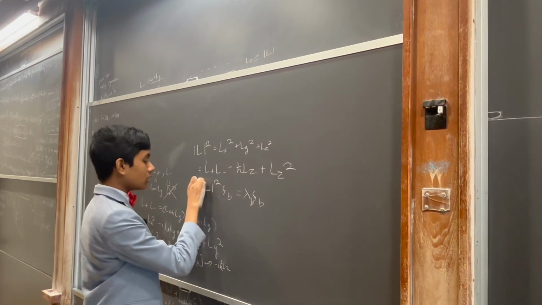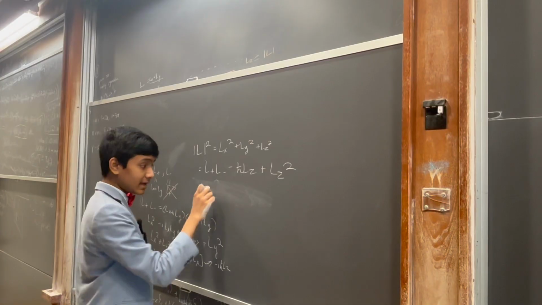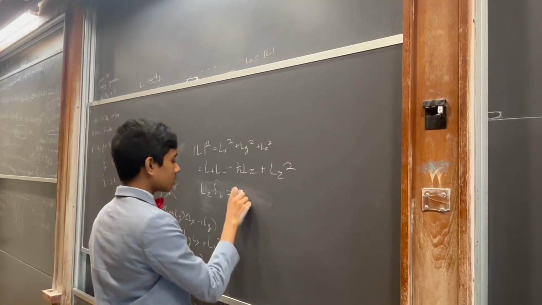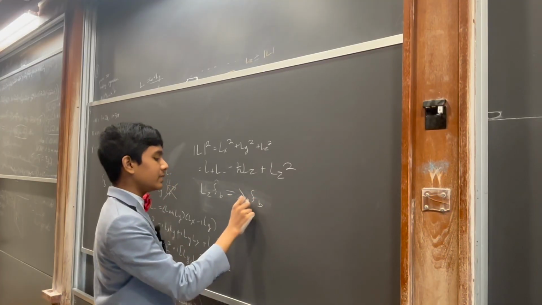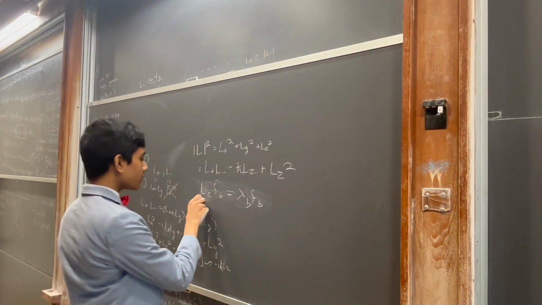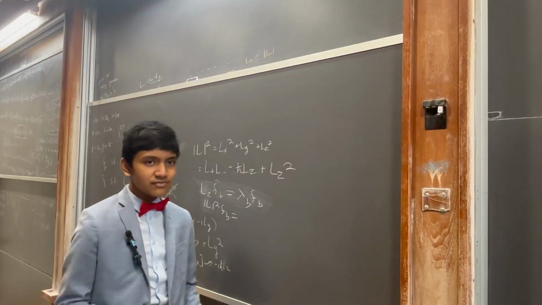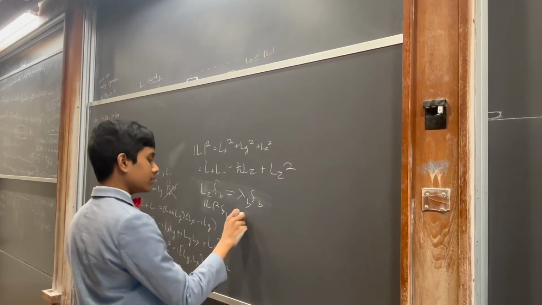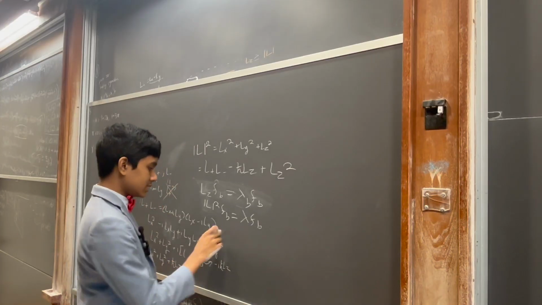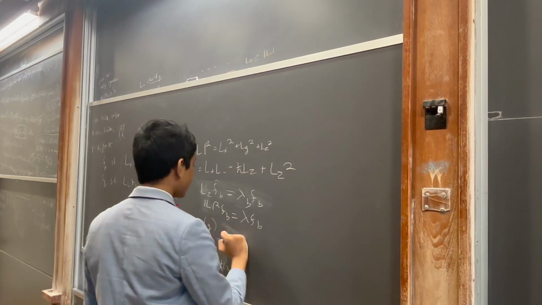Oh no, shouldn't be that. Lz fb has to be equal to lambda b fb for some bottom b. And now consider that L squared fb has to be equal to the default eigenvalue, lambda fb. And also consider that there's a top rung, and you have to work around that as well.